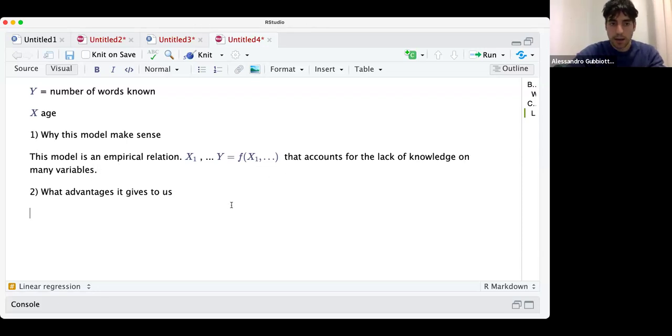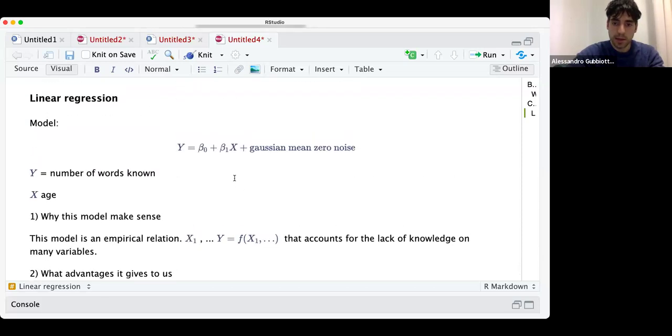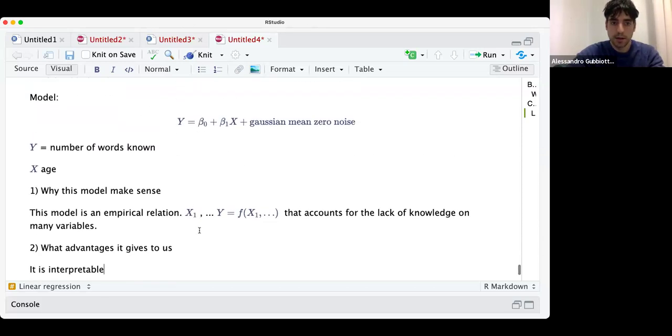Okay, and what advantages does it give to us? We can estimate it, and it is interpretable. So what is the interpretation of beta one, for instance?